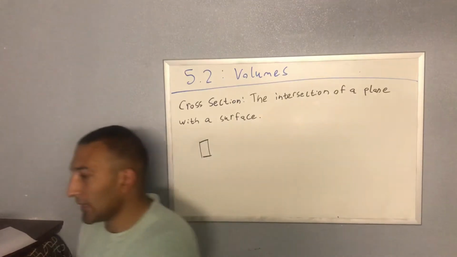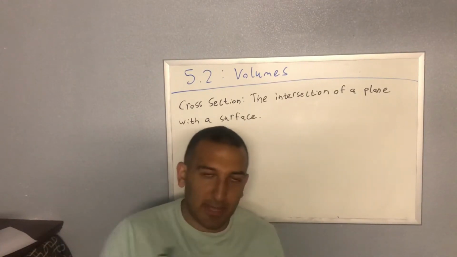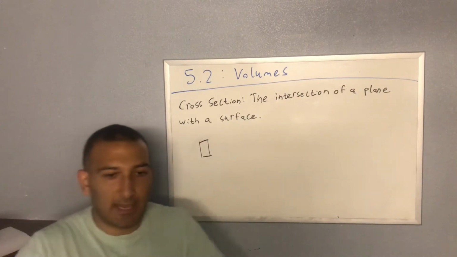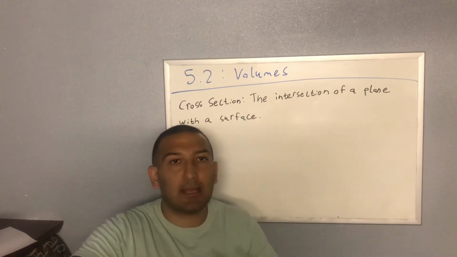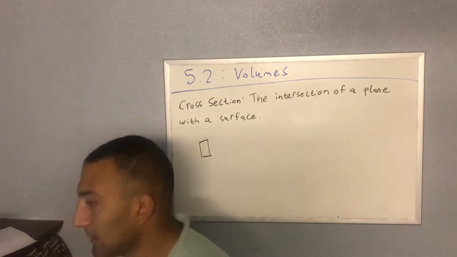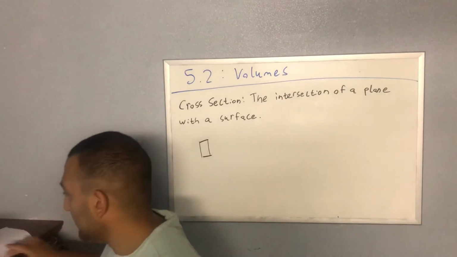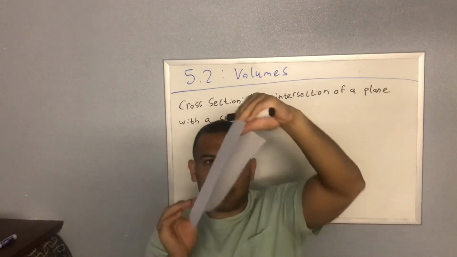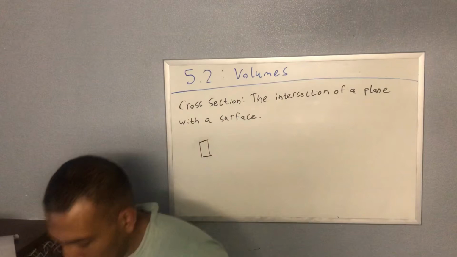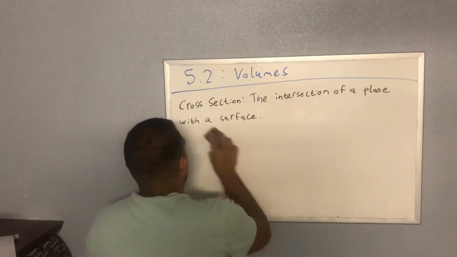This is what happens when I pass a piece of paper or a plane through an object, and wherever the plane and the object overlap as I pass it through, that is the cross section. So depending on how the plane is oriented, like this, like that, you get different cross sections. But that's just the general definition of the cross section.